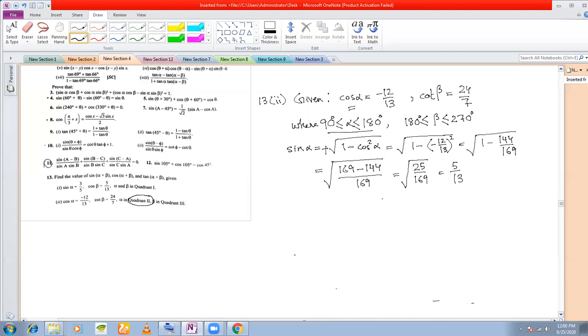So I've got the value of sine alpha as plus 5 by 13 because alpha is in second quadrant where sine is positive.